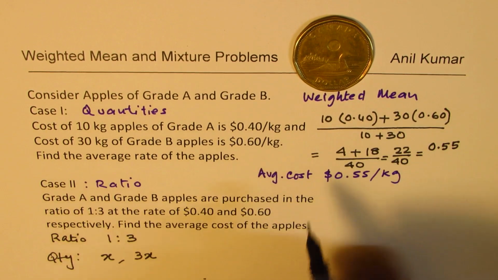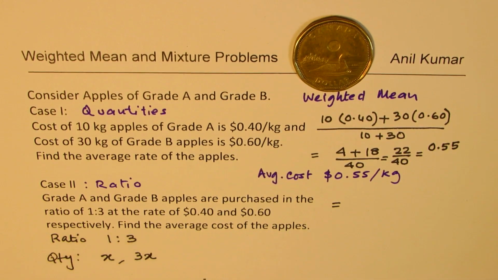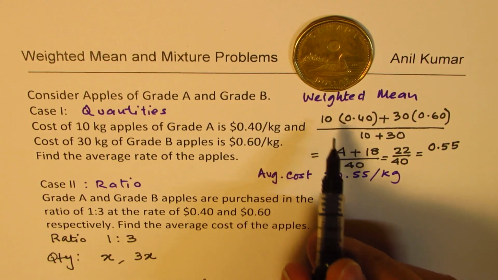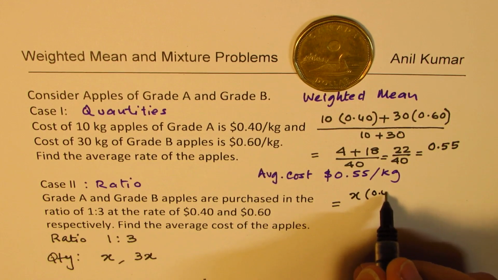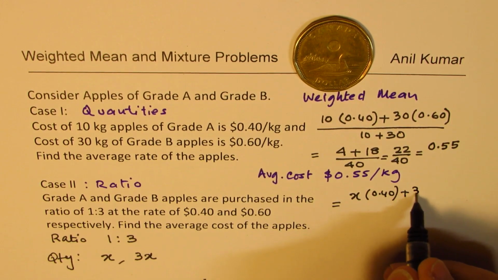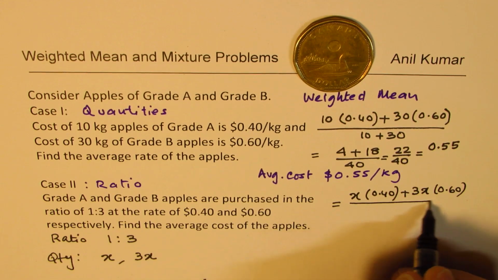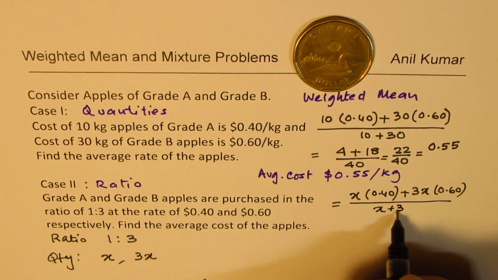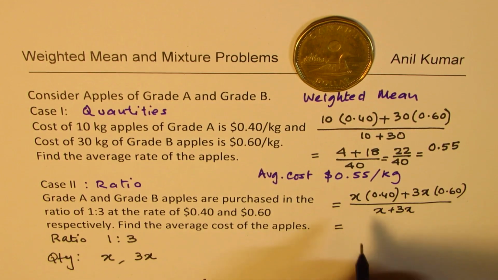Now, let's figure out the average cost. So now if I do the calculations for average cost, I'll work with x and 3x. So instead of multiplying by 10 and 30, I'm going to multiply this time by x, 40 cents, plus 3x times 60 cents, and I'm going to divide by x plus 3x. What do I get? Well, x is a common factor here.